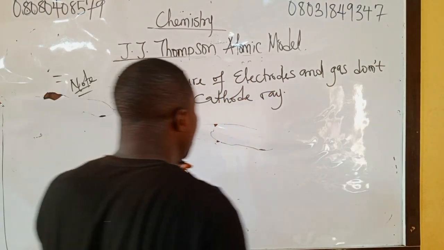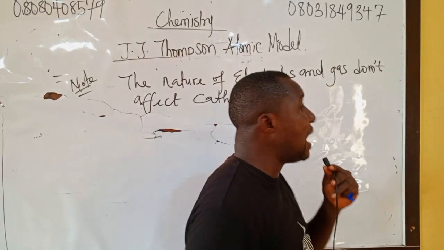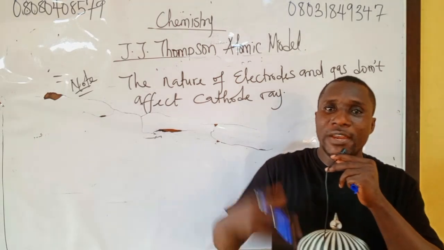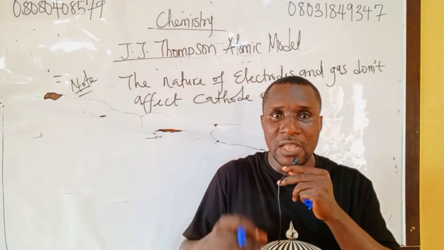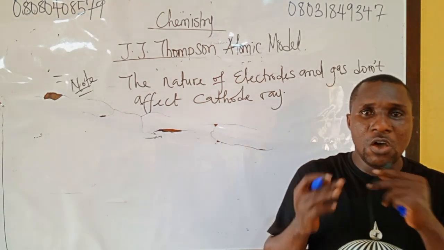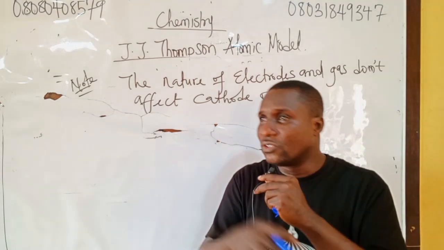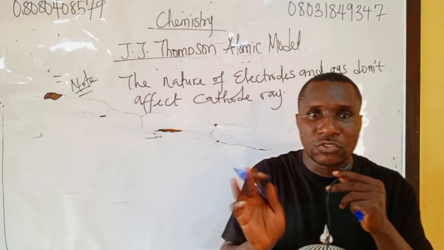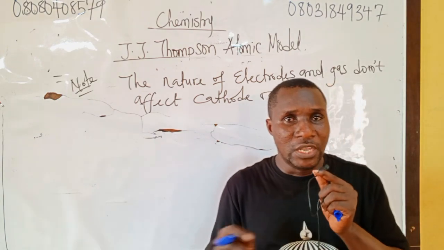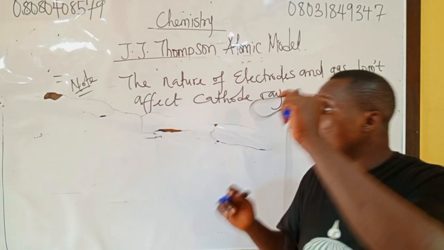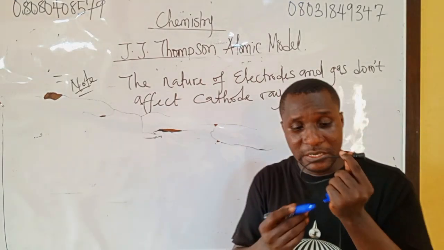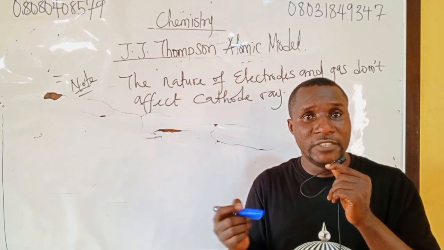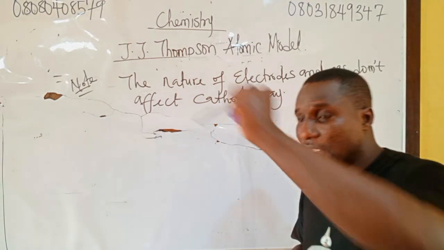No matter how you change the electrode material, or you change the gas from hydrogen to helium, it does not affect the nature of the cathode ray. That means the nature of the cathode ray does not depend on the material of the electrode and the nature of the gas. Take note of that.